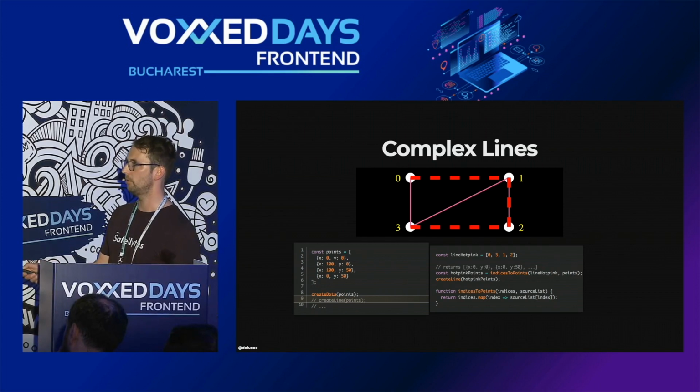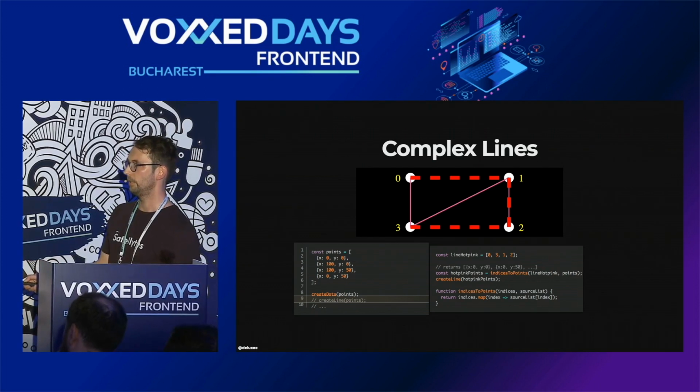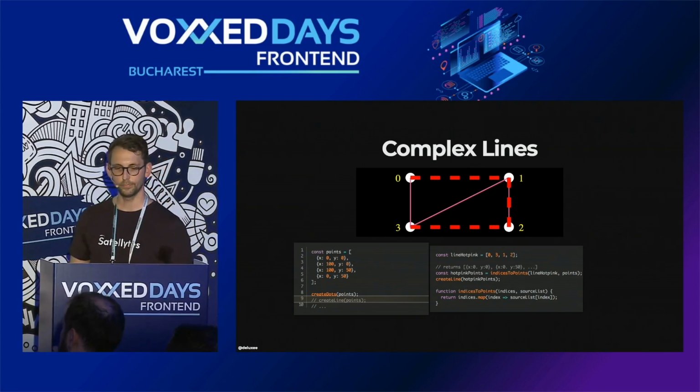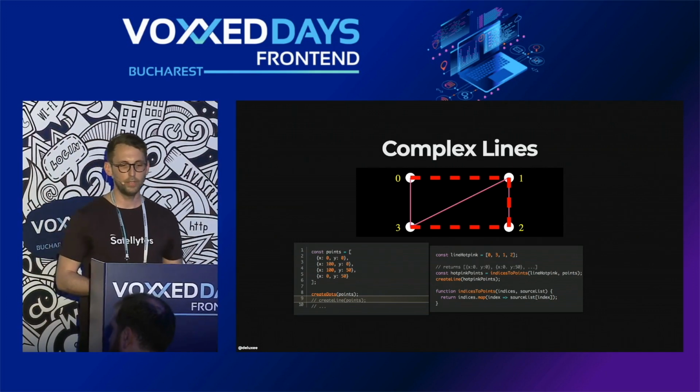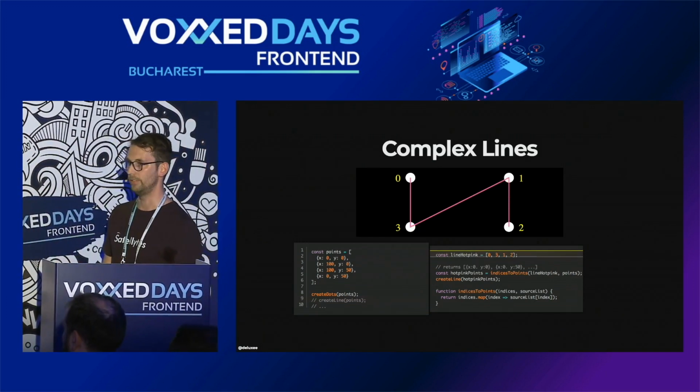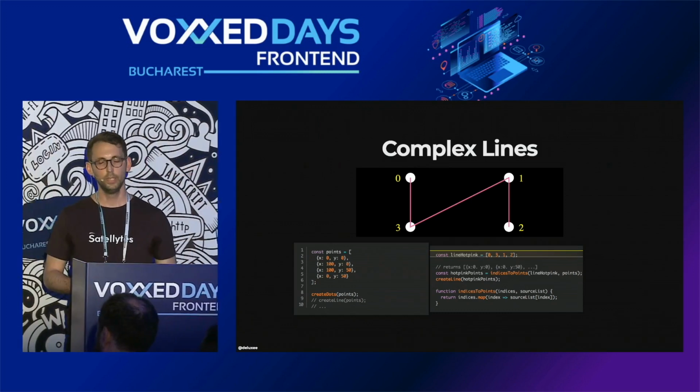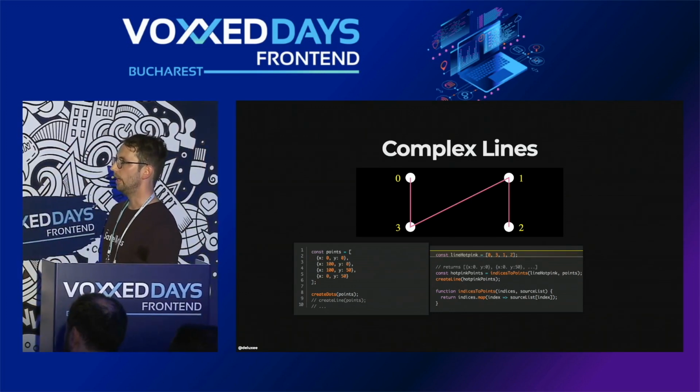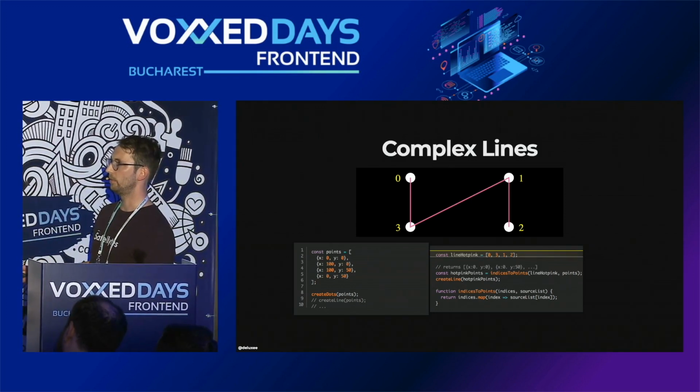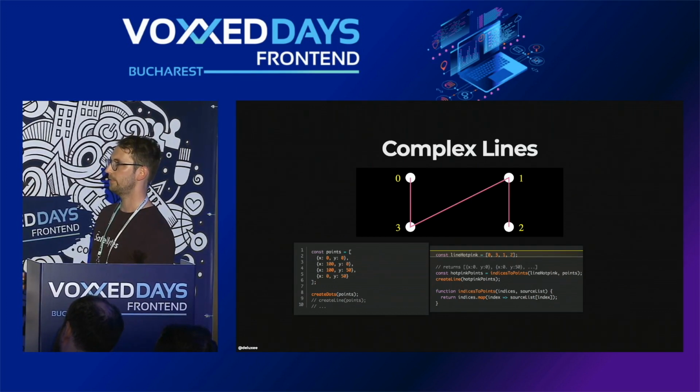So it's going from 0 to 1 to 2 and 3. Instead, we define the line as a list of numbers we want to connect, referring to the dots we want to connect. In this case, it's 0, 3, 1, 2.